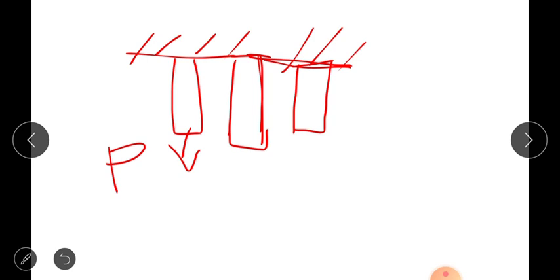So this is nothing but the elastic limit, which is represented by point B, the elastic limit.